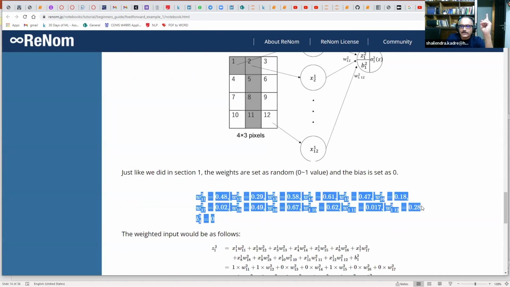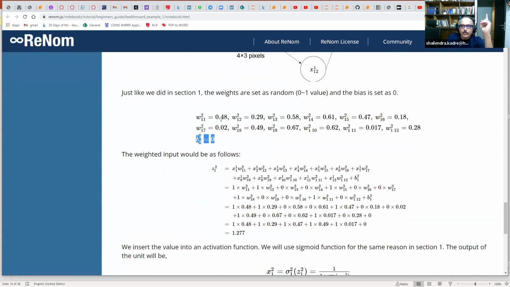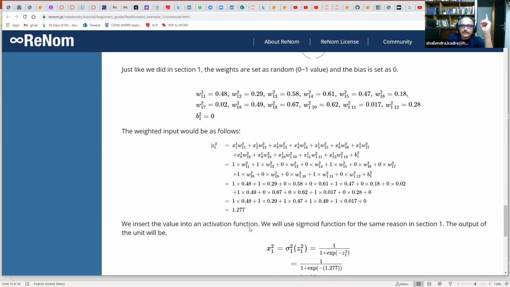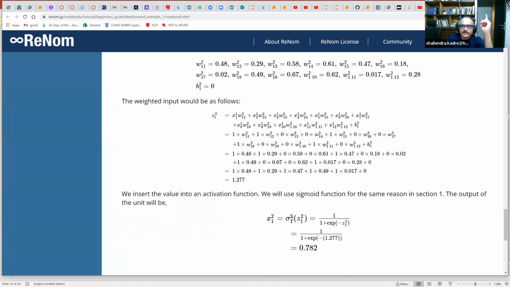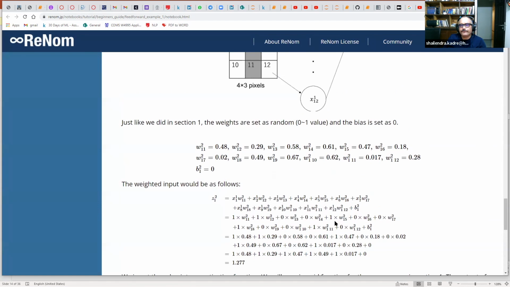Every neuron has one bias, so the bias we are taking as 0. When we do W1x1 plus W2x2 like that, 12 times, and add the bias, we get the value of Z. Once we get Z, we apply the activation function, which is nothing but a simple sigmoid. We get the output H1, which is 0.782. Is it understood by everybody?